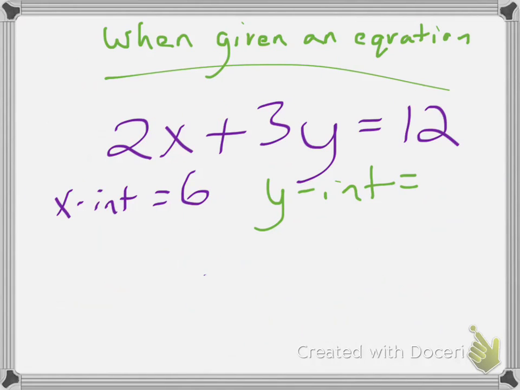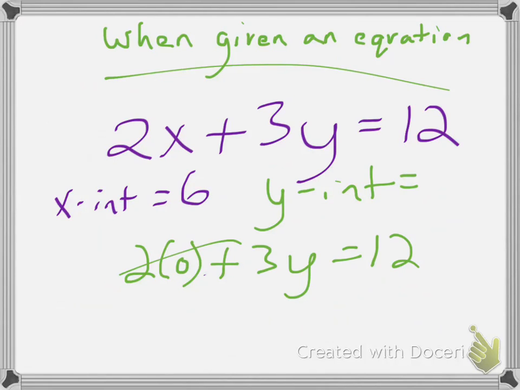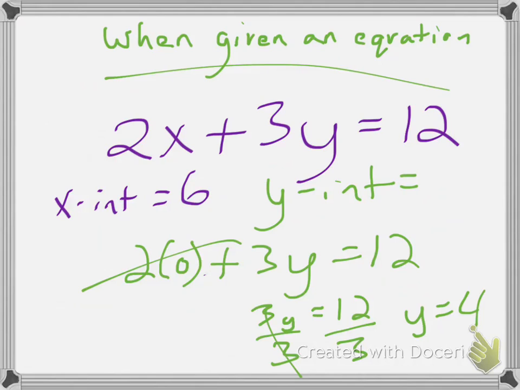So when we're trying to find the y-intercept, x is 0. So 2 times 0 plus 3y equals 12. This goes away, and you get 3y equals 12. Divide both sides by 3, and you get y equals 4. So my y-intercept is 4. And that's all there is to it.